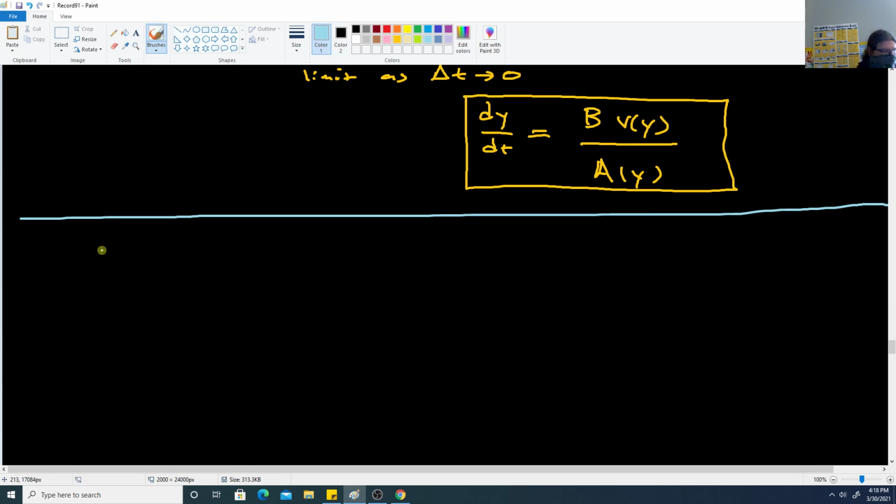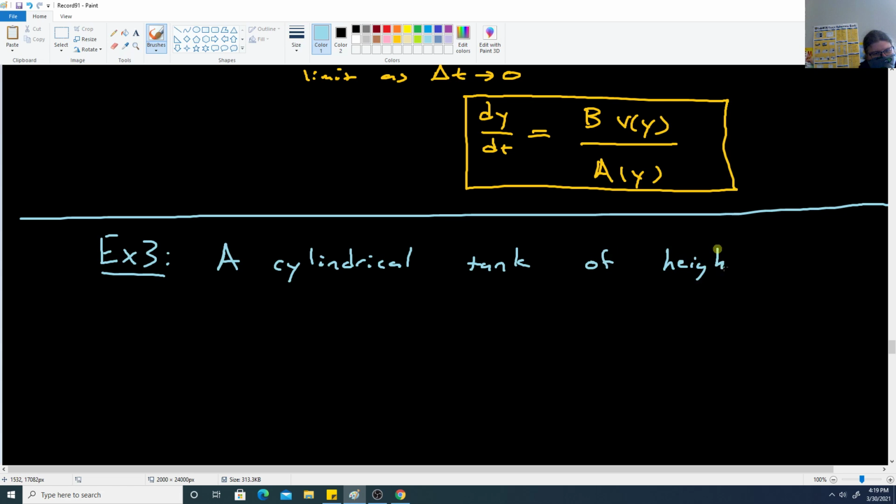So the final example here: a cylindrical tank of height 4 meters and radius 1 meter is filled with water.